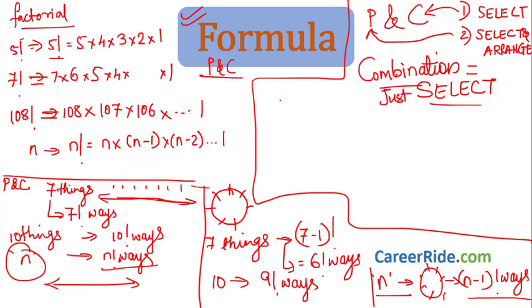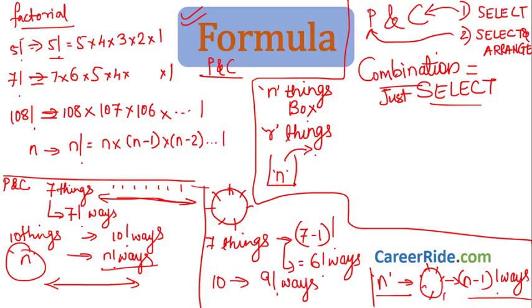Now combination is expressed as, let us see how to do that. Say you have n things in a box. Out of that you want to select r things.